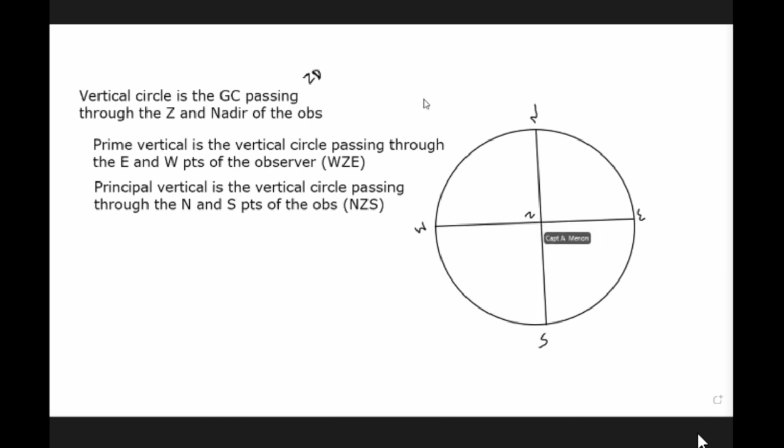So we can say that if I say latitude is 30° north, the observer will be north of the equator.